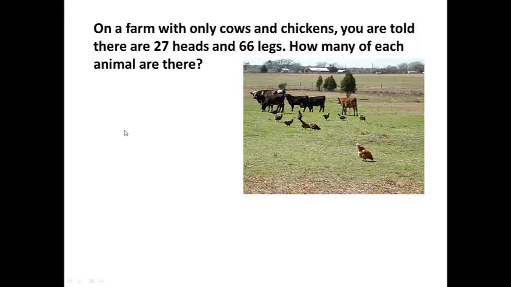First problem, and the major problem that everybody asks me, is I don't know what to write. And once they start it, they get lost in their own work because they don't know what variables they're using. Now, I'm going to use M and C for cows and chickens, but you got to write down what they stand for. Not that M stands for cows. M stands for what about the cows? How many legs they have, how good they taste, how cute they are.